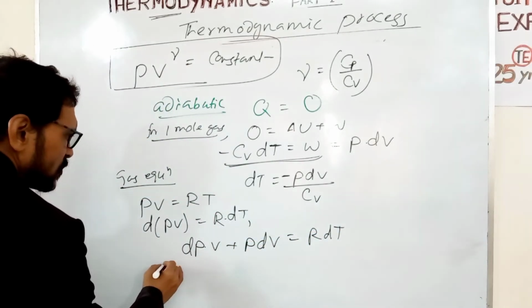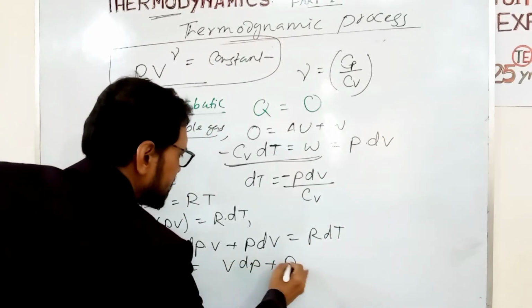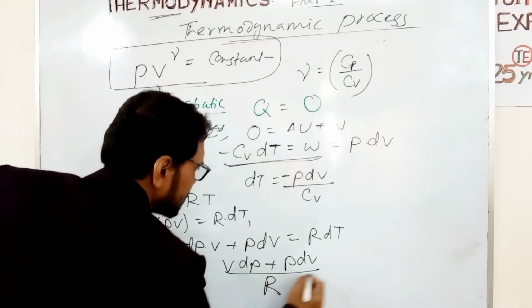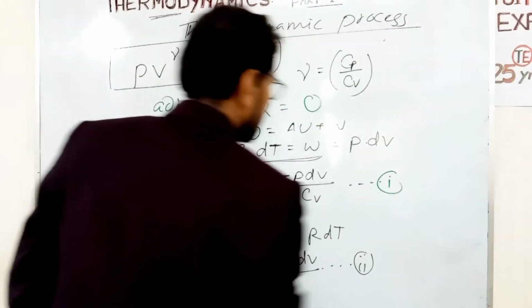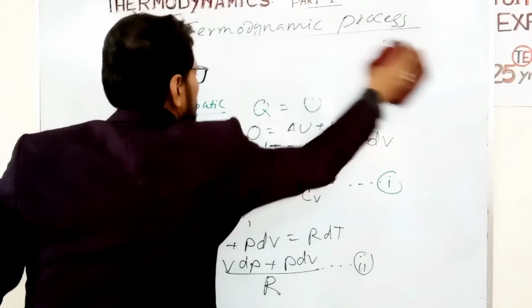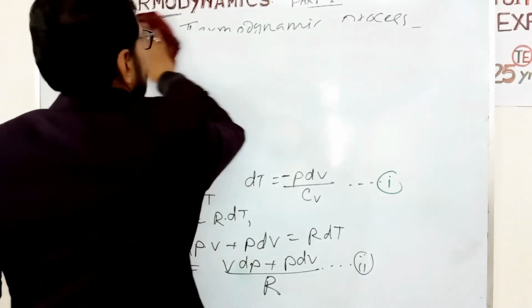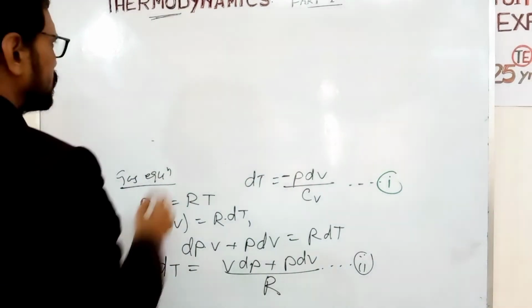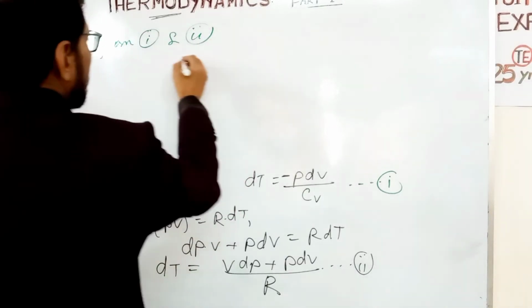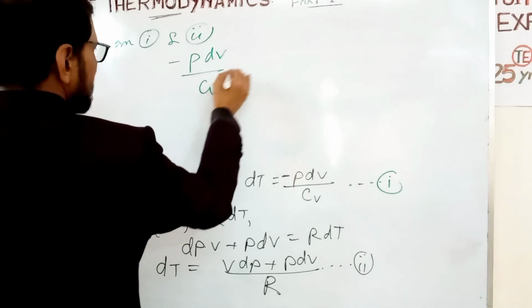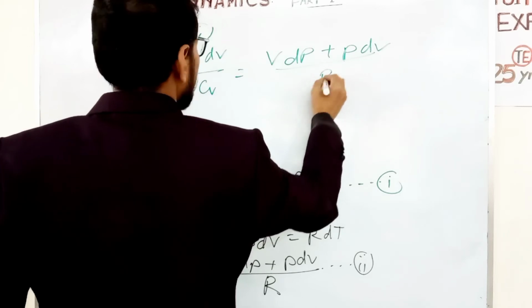So dT equal to V dP plus P dV by R. This is equation 2, and that was 1. From 1 and 2, we get minus P dV by Cv equal to V dP plus P dV by R.